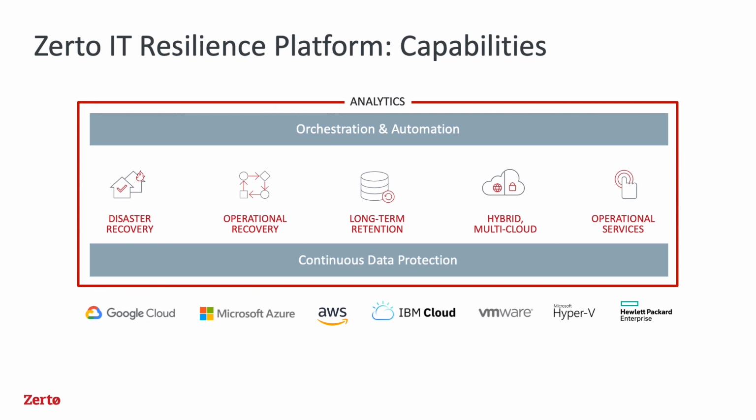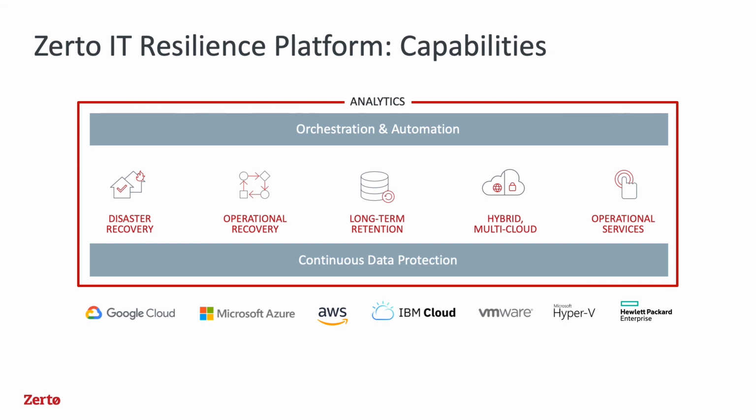And this is all powered with continuous data protection, the ease of orchestration and automation, and the visibility of its analytics, which are all included. With strong strategic alliances with Google Cloud, Microsoft Azure, AWS, IBM Cloud, VMware, Microsoft Hyper-V, and HPE as well.